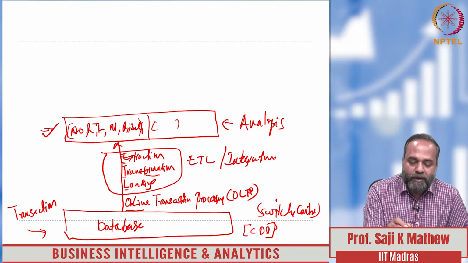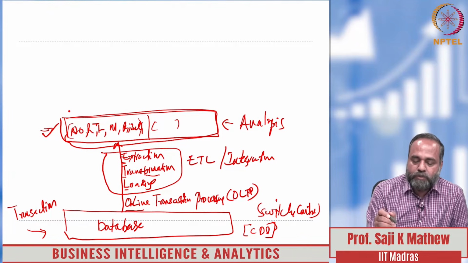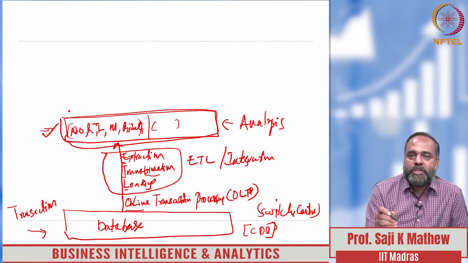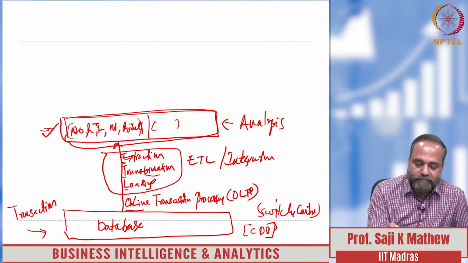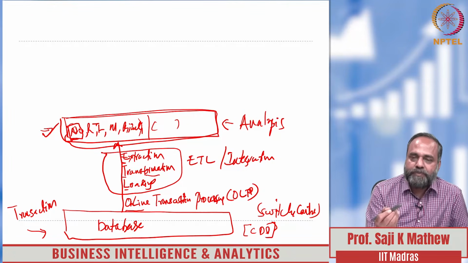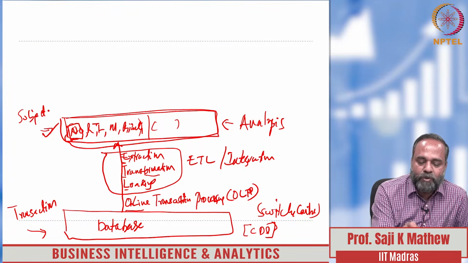And what is an appropriate name for this data store, which is derived from databases and other sources and contains useful data for analysis? This data is organized with respect to a certain key or identifier, so you can say it is subject oriented.